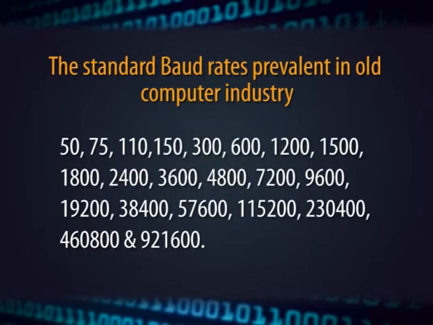The standard baud rates prevalent in the old computer industry are 50, 75, 110, 150, 300, 600, 1200, 1500, 1800, 2400, 3600, 4800, 7200, 9600, 19.2k, 38.4k, 57.6k, 115.2k, 230.4k, 460.8k, and 921.6k.